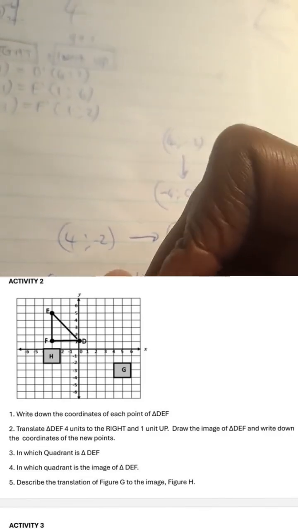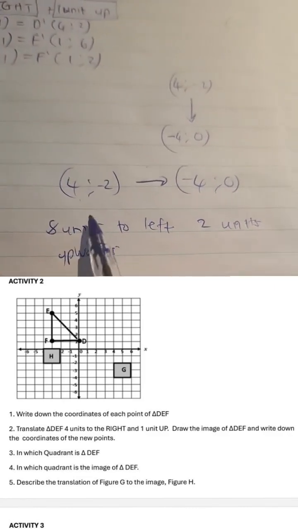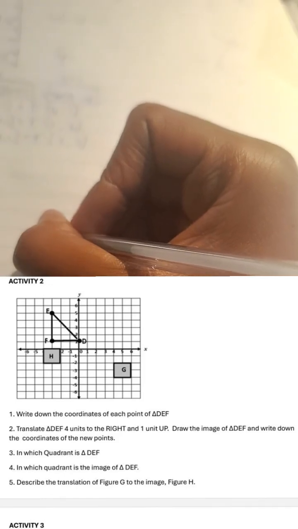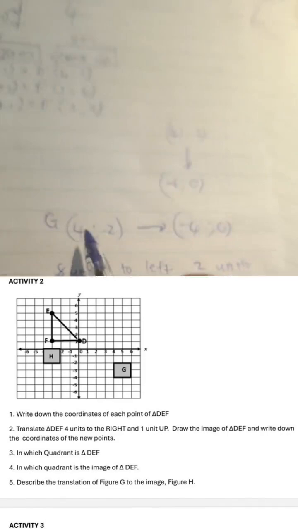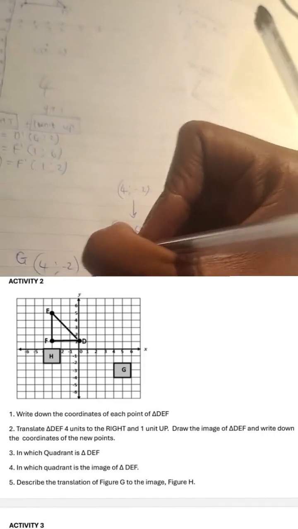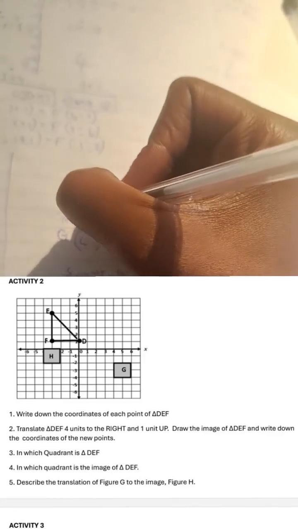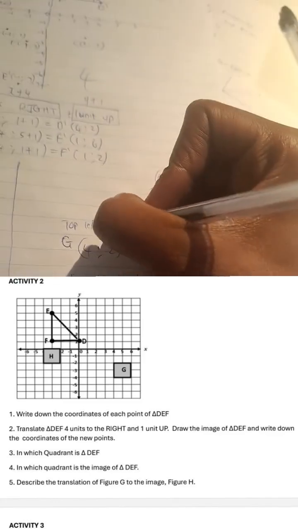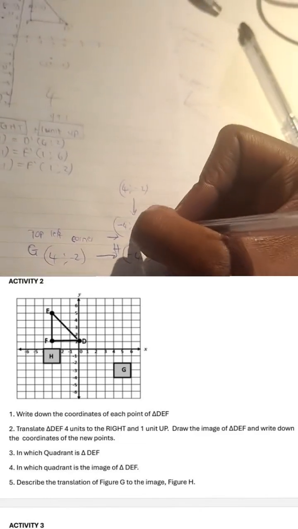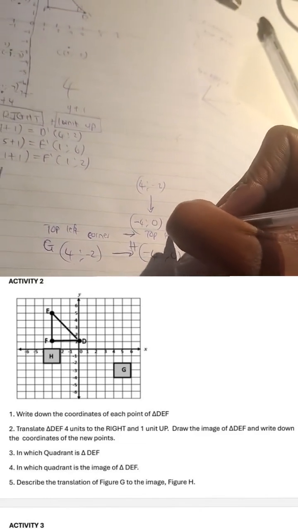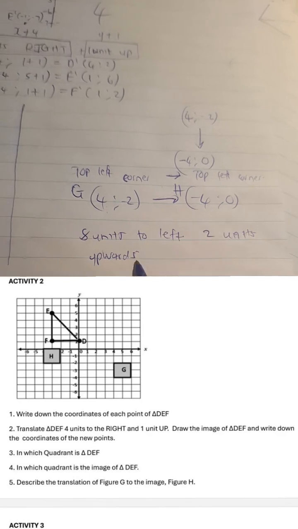That is our description. That's how we describe the translation of the image of G to the image of H. This was looking specifically at the top left corner to the top left corner, which is very important.